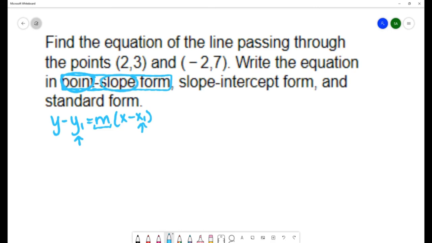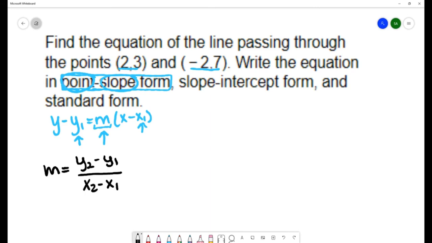Now we do have a point on the line. In fact, we have two points on the line, but we don't have the slope. So in order for us to use point-slope form, we need the slope. Luckily we have a slope formula: y2 minus y1 over x2 minus x1.